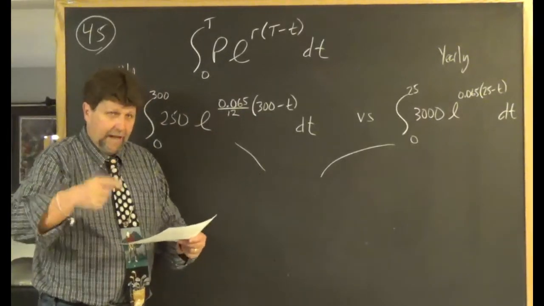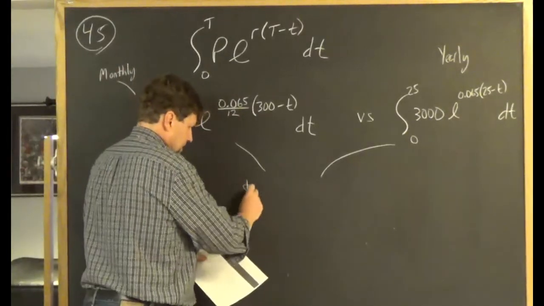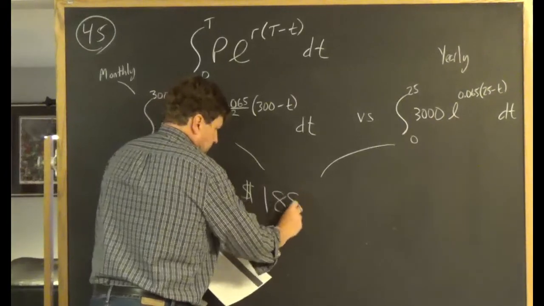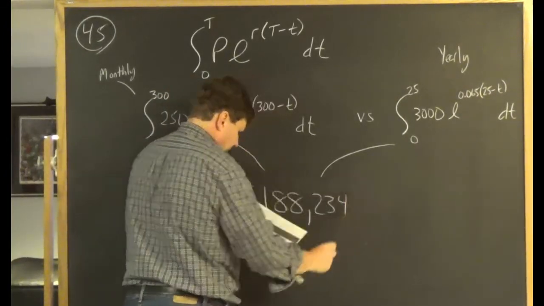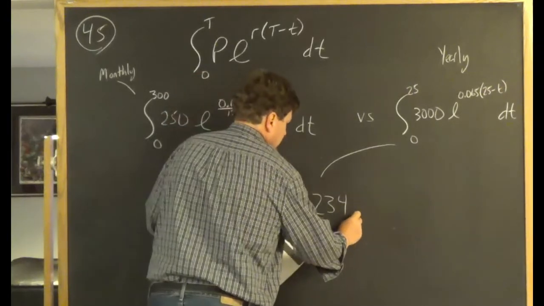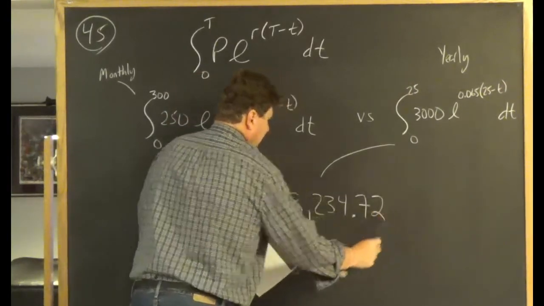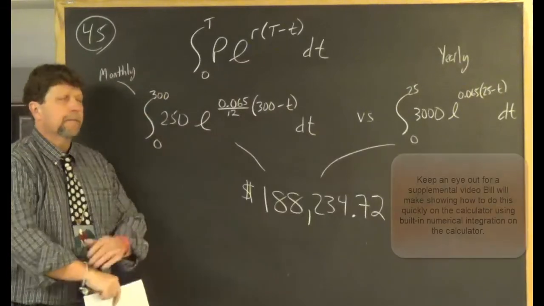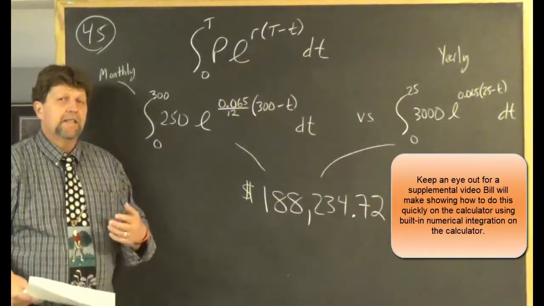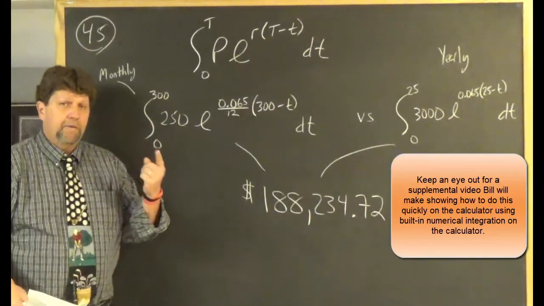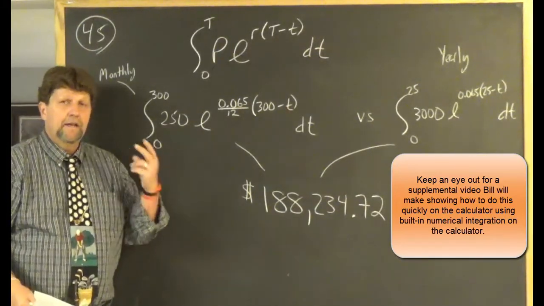And either way, that answer you get is $188,234.72. So the important thing here, you have to be consistent on units of time for P, uppercase T, and R.